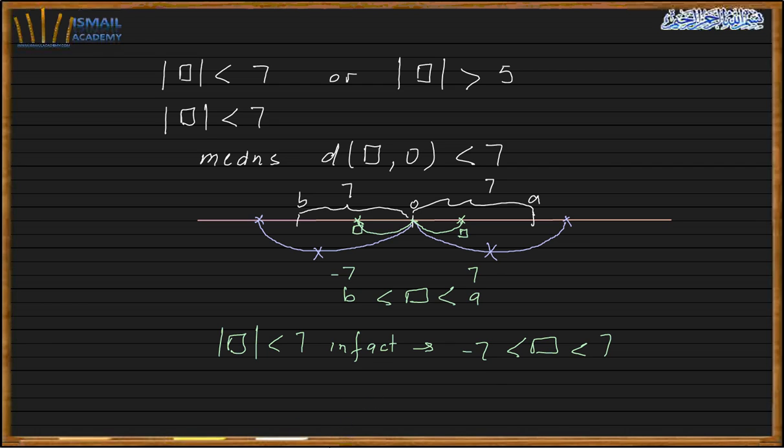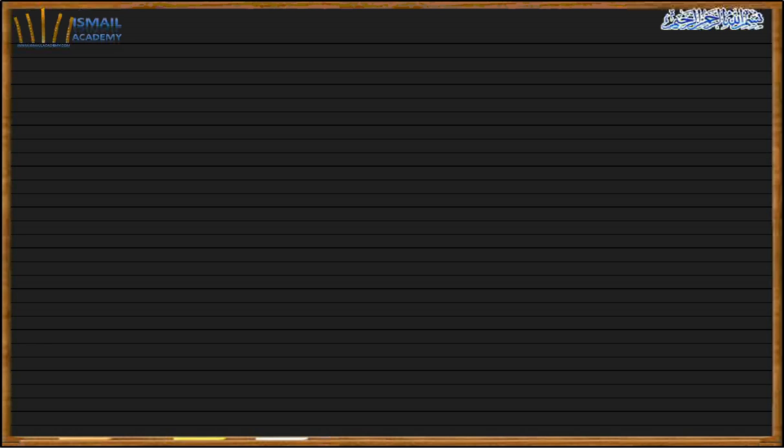And the same thing for the second case, for example, the absolute value of an expression greater than 5. Again, it means the distance of that expression from 0 is greater than 5.